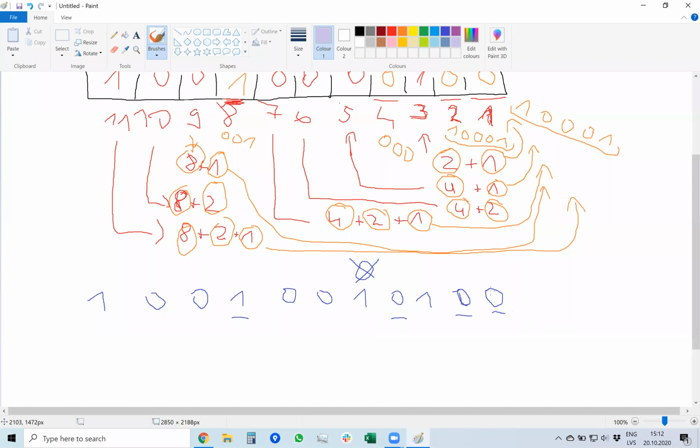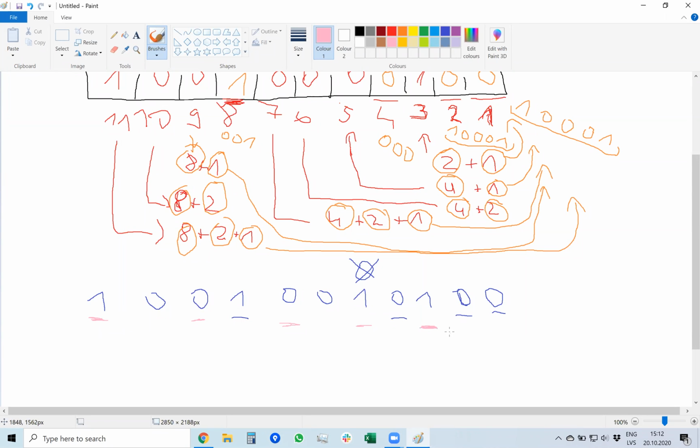I'll use a different color here. So to calculate parity bit number 1, we use basically all odd bits. So we used for this bit 1, 5, 7, 9, and 11.